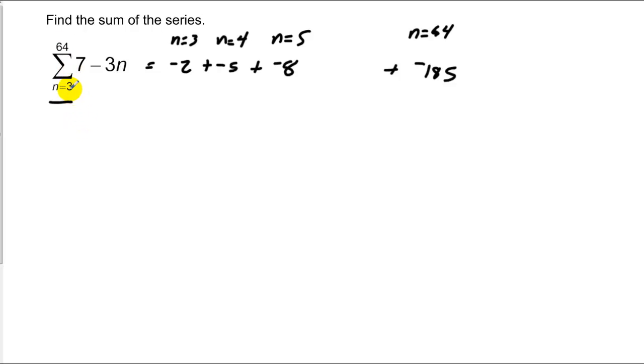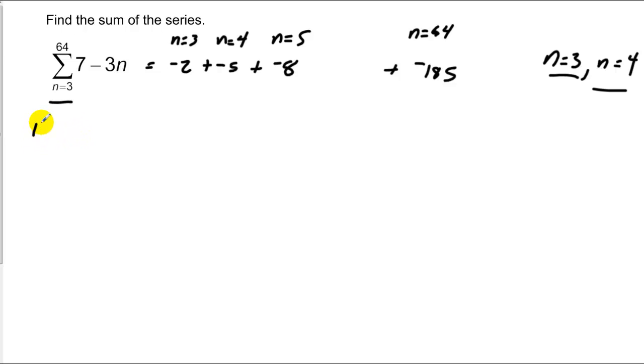And if you'll notice, when I go 3, 4, 5, 6, if I had n equals 3 to n equals 4, I can't say I just have one term because I have two terms. So it wouldn't be enough to just take the top number, subtract the bottom number, and say, well, that's how many terms I have.